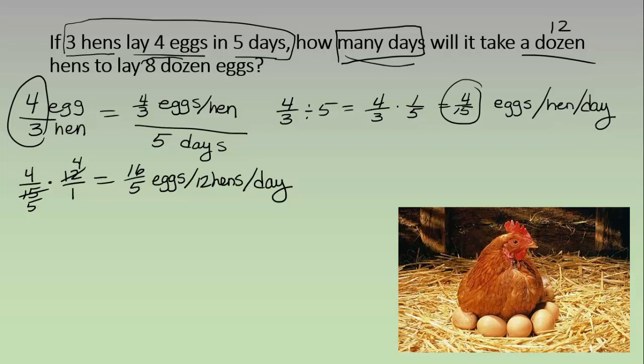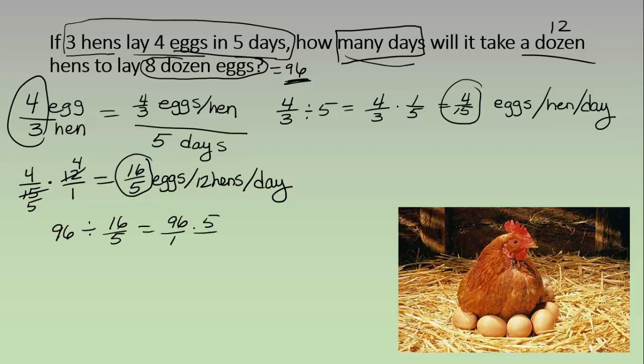I know the number of eggs I'm aiming for, 8 dozen. That's 8 times 12, right? So if I want to know how many days it takes, if this is happening every single day, I want to know how many units like this go into 96. That's division. So we're doing 96 divided by 16/5, which is the same as 96 times 5/16.